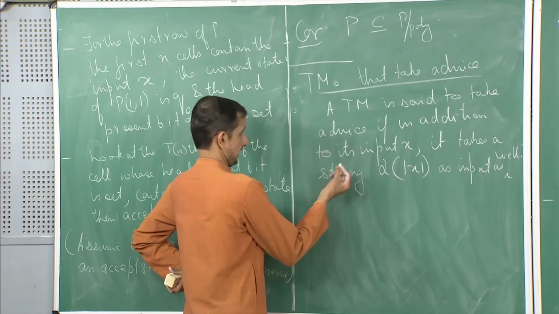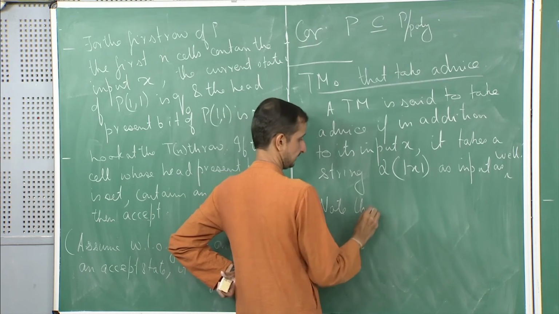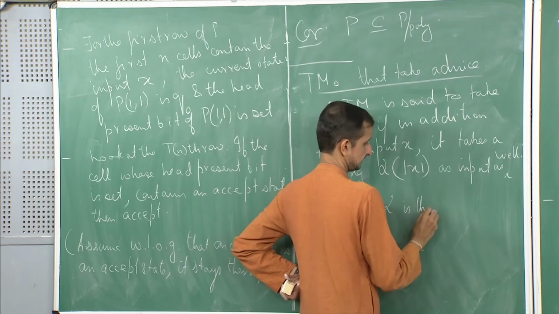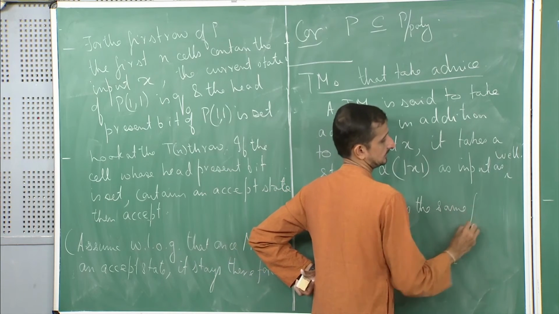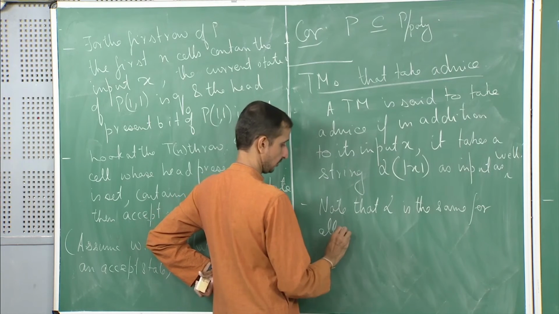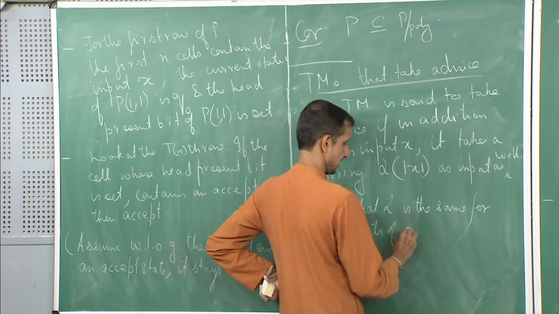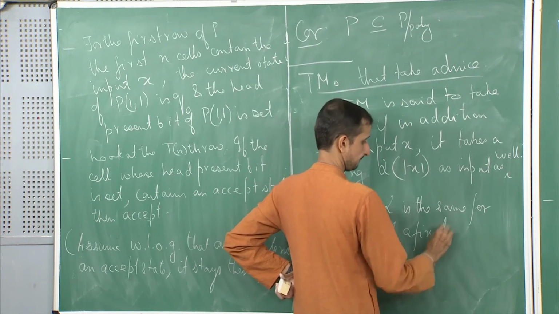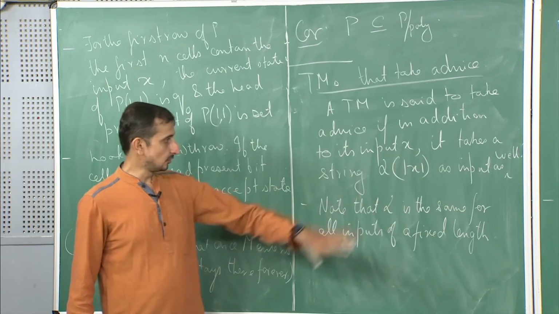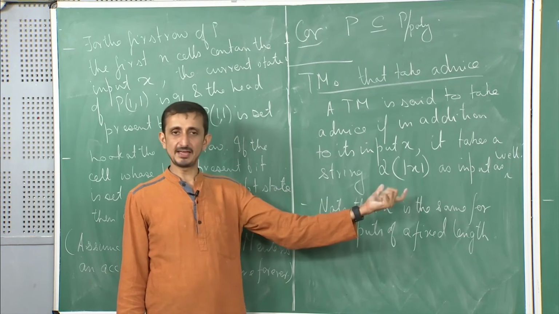Okay. And the point to be noted here is that alpha is the same for all inputs of a fixed length. Okay. So, alpha is a function which depends only on the length of the input, it does not depend on the actual input.